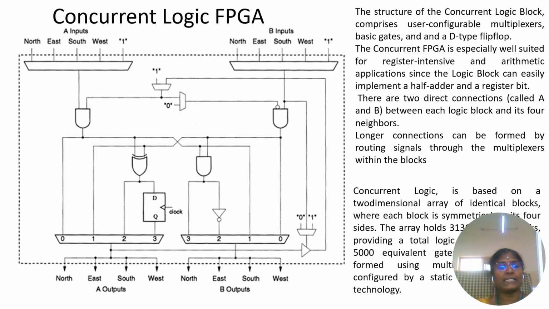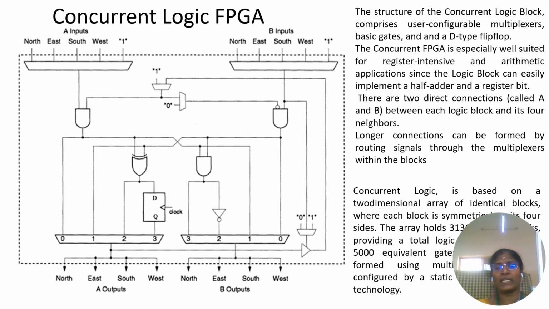The next one, the Concurrent Logic FPGA. The concurrent logic has parallel connections of many architectures. The structure of the concurrent logic block comprises a user configurable multiplexer, basic gates, and a D flip-flop. The Concurrent FPGA is especially well suited for register intensive and arithmetic applications, since the logic block can easily implement an operator and a register bit.